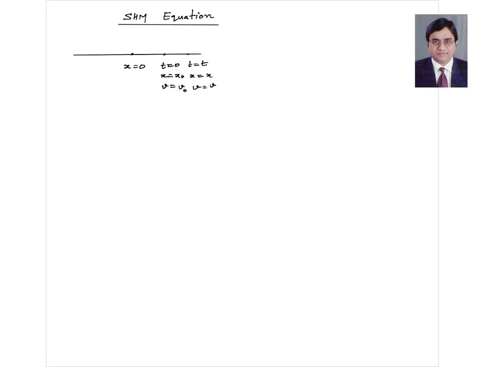We will now do the mathematics which will lead us to the equation of SHM. Some particle is performing SHM, right, left, left, right, and so on. When we press the stopwatch, we find that the particle is at x0, it has a speed of v0.